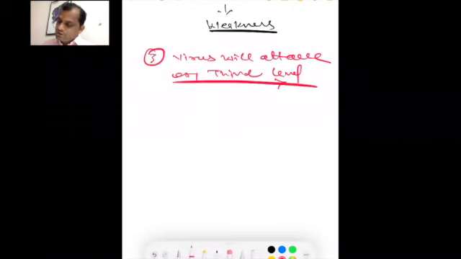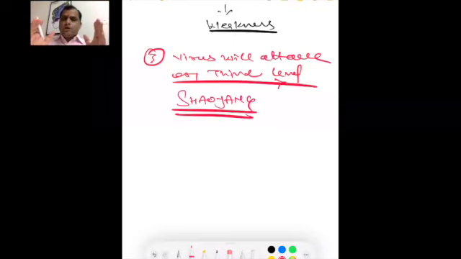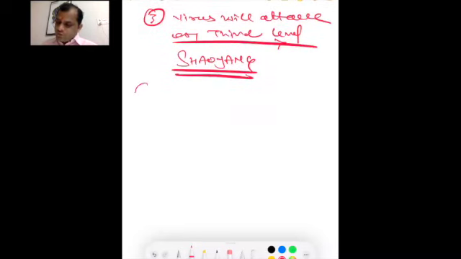The third level is made by Shao Yang. The meaning of Shao Yang is the junction of exterior and interior. Because first the virus attacked the Tai Yang, then reached the Yang Ming, then reaching the Shao Yang.